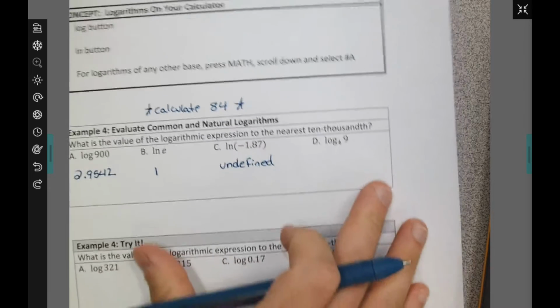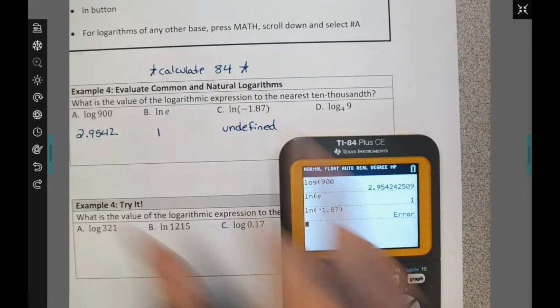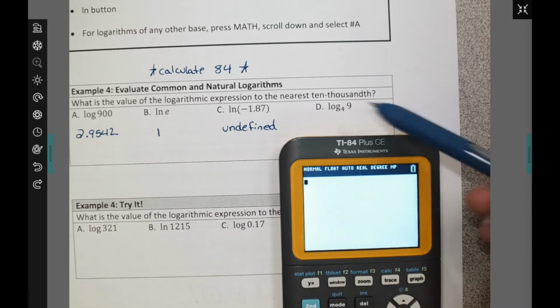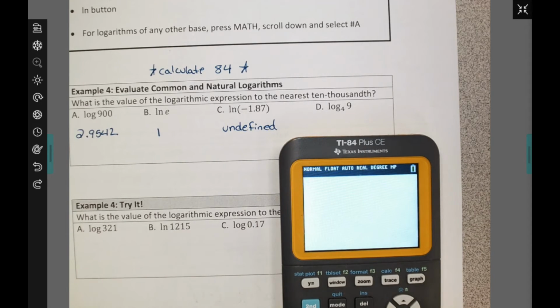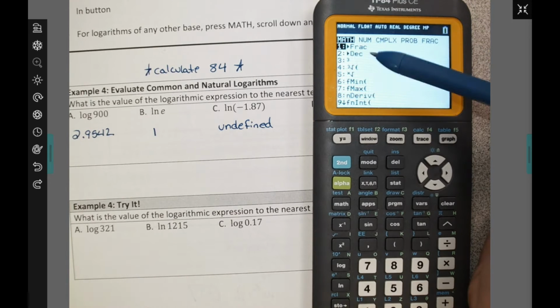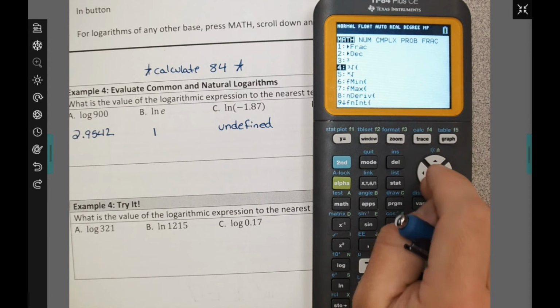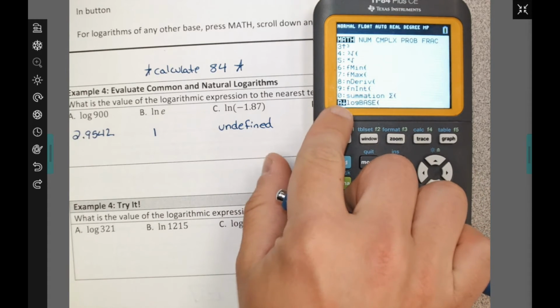And then of these, letter D is the trickiest, but if you follow the directions in the notes, it's a piece of cake. I have a base other than 10 or e. So it's a logarithm with a special base. You go ahead and hit math, and you can do this on your Calculate 84 on your phone. All these options don't pop up, but A will, where it says log base.